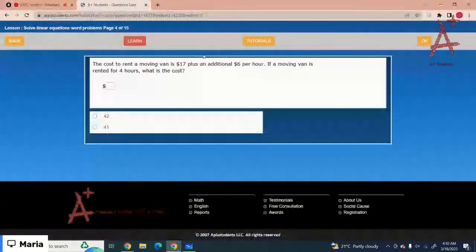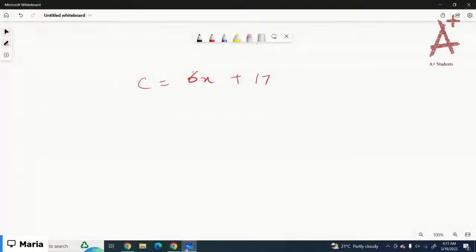If the moving van is rented for 4 hours, I replace the x with 4. So it would be 6 times 4 plus 17. 6 times 4 is 24, and 24 plus 17 is 7 and 4 is 11, 2 and 1 is 3, 41. That means if the moving van is rented for 4 hours, the cost is $41. Got it?